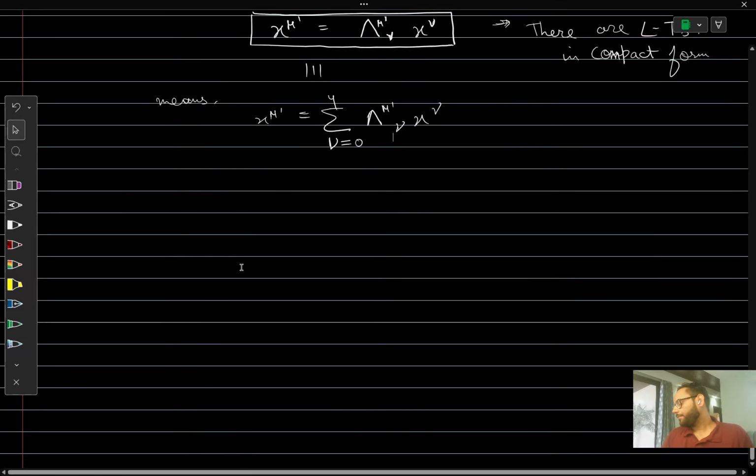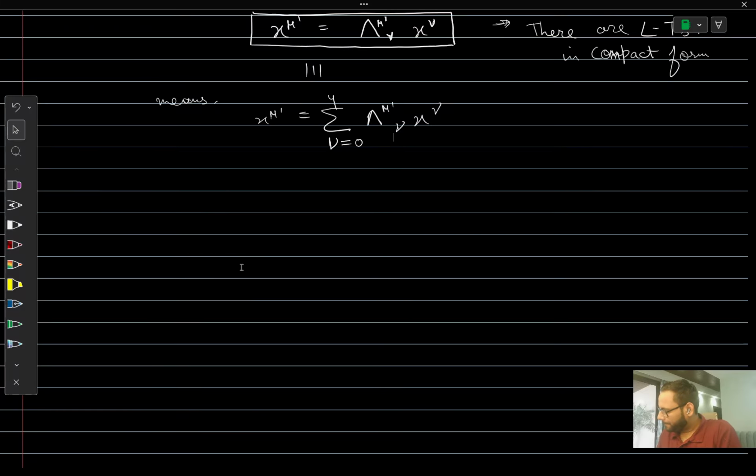Now we will see another thing. Just wait a second. Also, whenever you write a tensor like this, this represents your row index, and this represents your column index.